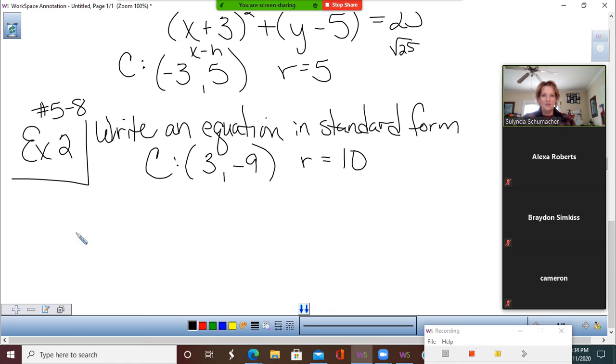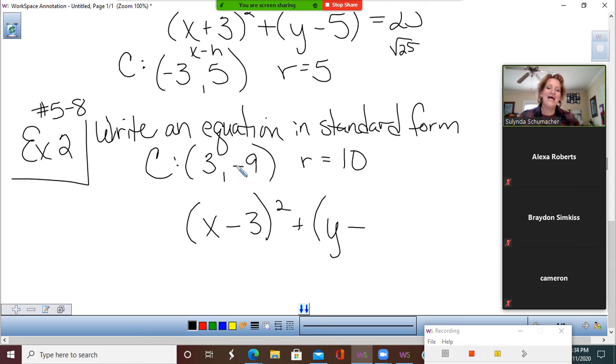So we're going to plug it into our equation. (x minus h), so minus 3, squared, plus (y minus k), so y minus the negative, plus 9, squared equals r squared, or 10 squared, which is 100. And that's it. That's all there is to do.